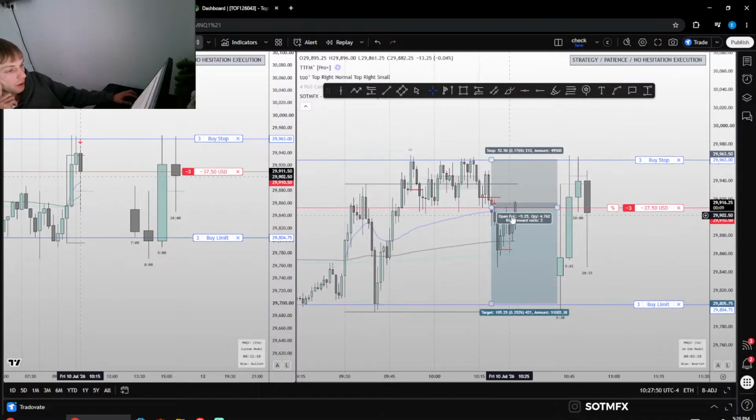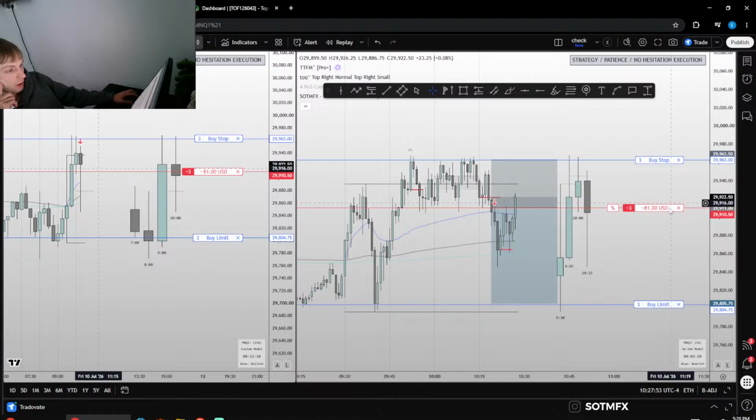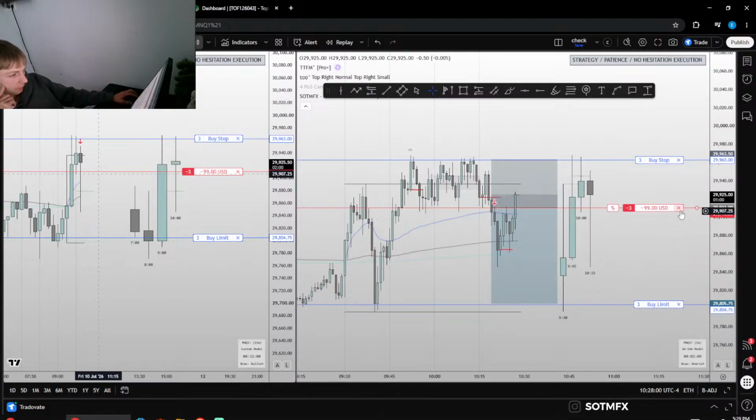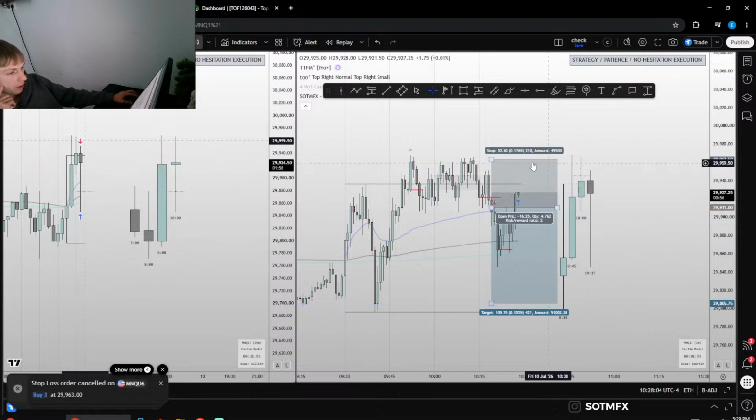If price does close above the New York, then I will close my position in a small loss. At this point, yep, so closing this trade in a small loss.